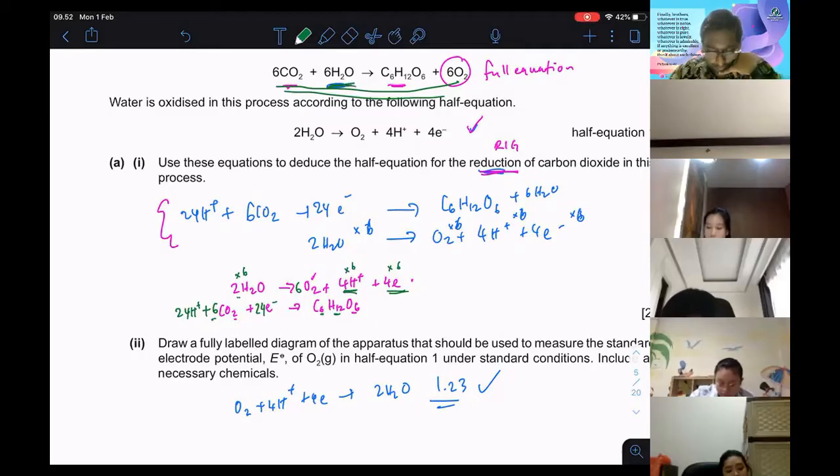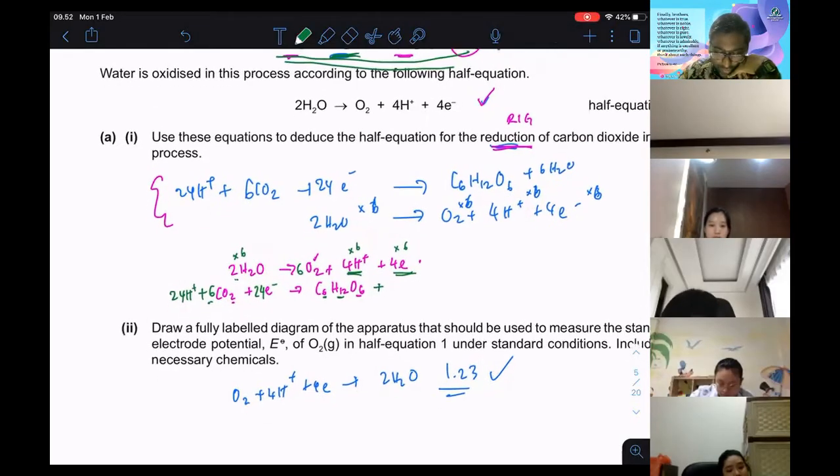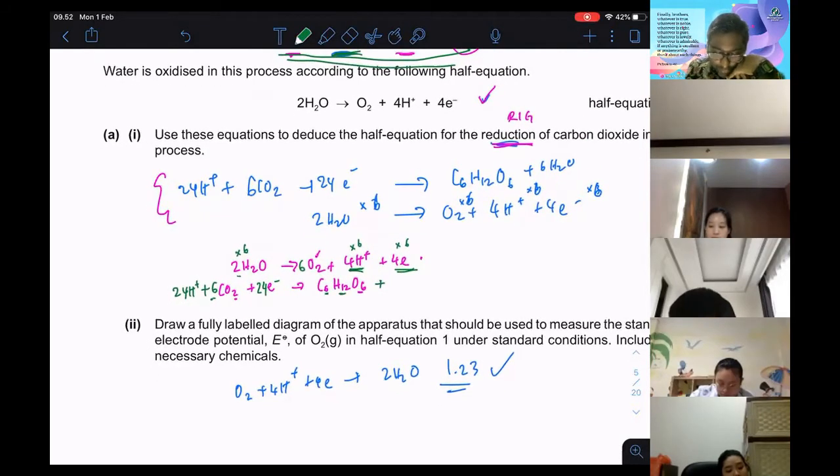So it means that you need to actually have formation of water, because if you count, the water is not going to be enough here. So there's going to be water given, because with 24 H plus, you only have 12 hydrogen.